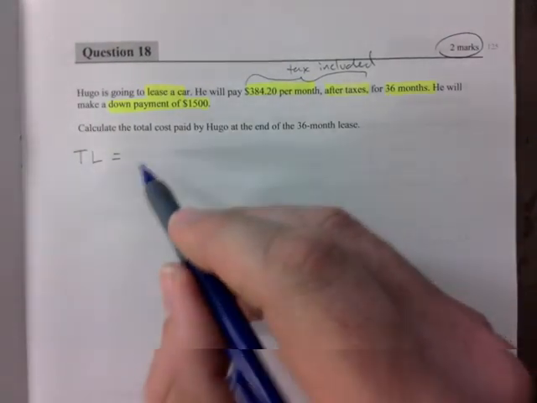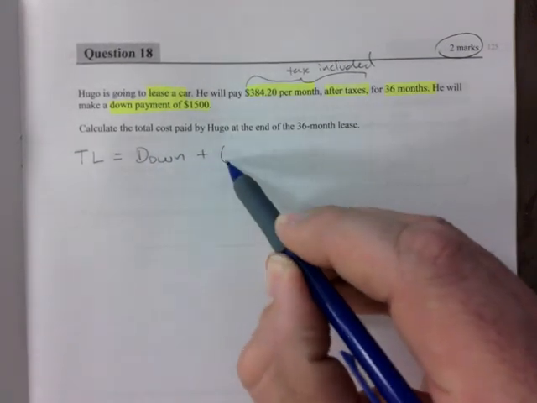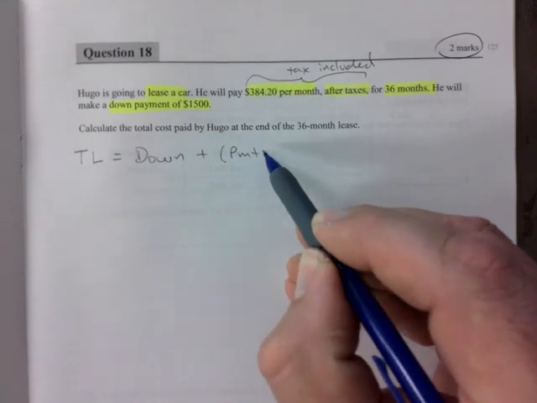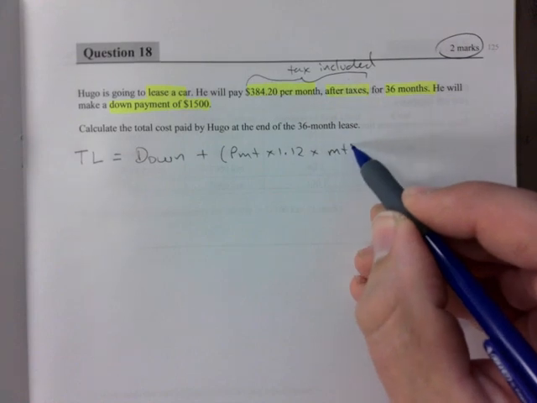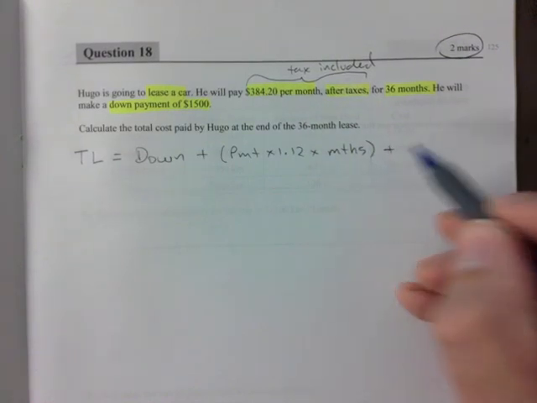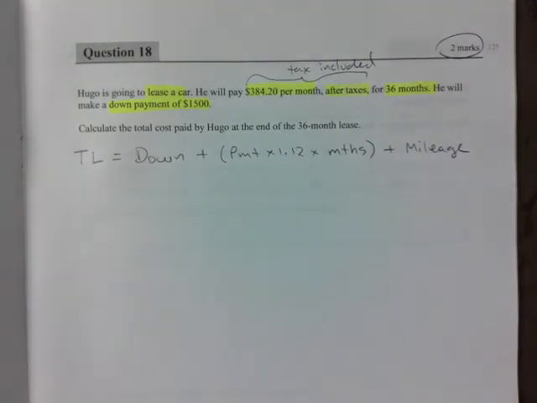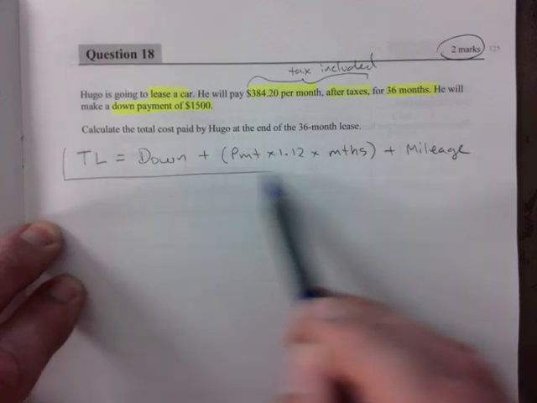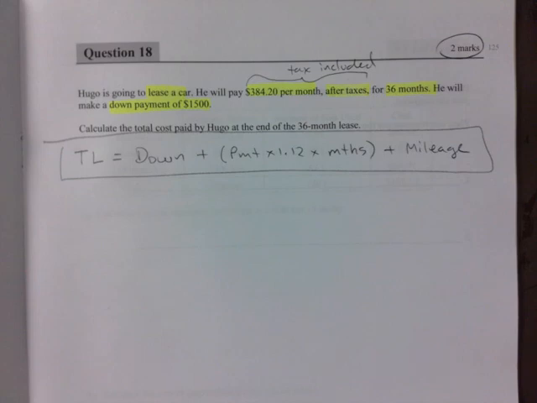Total lease is going to be down plus payment times 1.12 times months, I think, plus mileage. Is that correct? You should have this on your study sheet. I hope so. So everything I box in here, you make sure you have that on your study sheet.